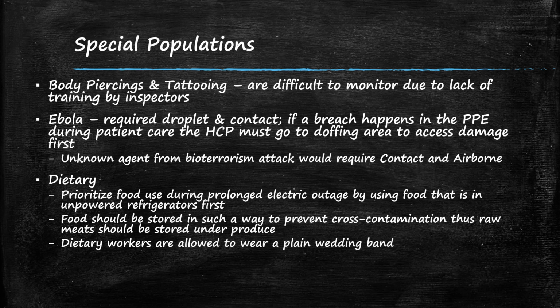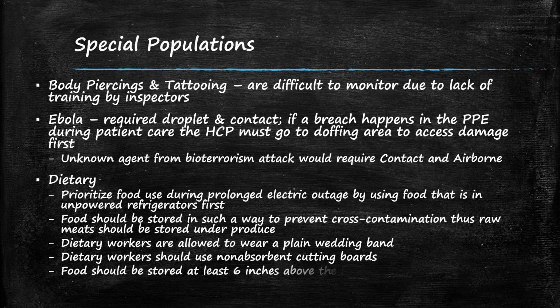Dietary workers are allowed to wear a plain wedding band, but we want to minimize the risk of harboring pathogens in the rings. Dietary workers should use non-absorbent cutting boards, again to reduce the bacterial population from spreading from one food to another. Food should be stored at least 6 inches off the floor.